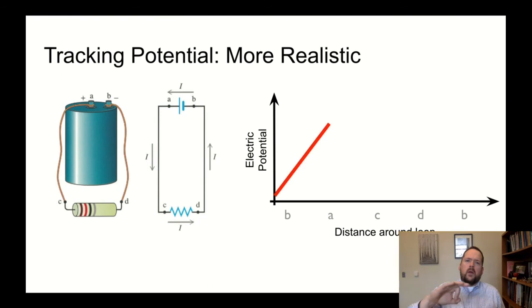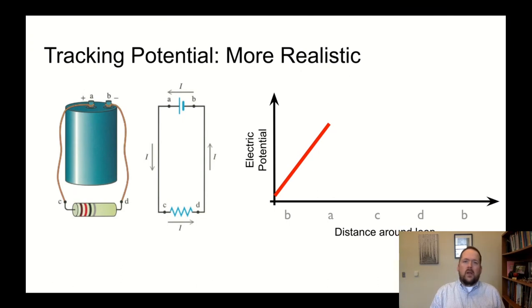But if we were going to be more realistic in here, we'd have the same thing. As you move through the battery, the electric potential would increase. It would not, in fact, increase by as much as it would in our theoretical model, because alongside going through the battery and through this chemical process which increases the potential energy of the charges, a battery itself has some internal resistance, some fight against this flow, some effects that are essentially taking some amount of that energy away.